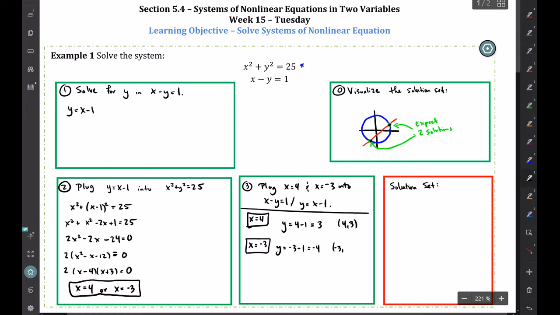So then negative 3, negative 4 is also a solution. My solution set is going to be 2 points, 4 comma 3 and negative 3, negative 4. Now I know exactly the coordinates of these 2 points. This would be the negative 3, negative 4 point, and this would be the 4 comma 3 point.